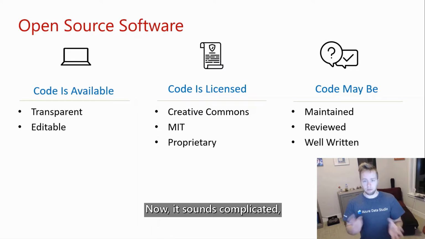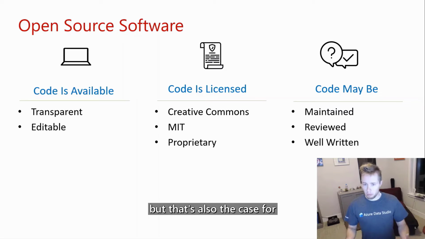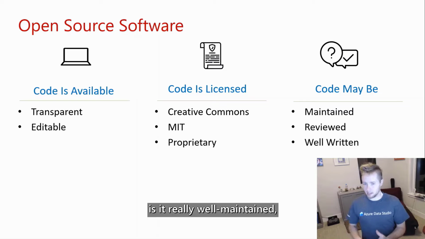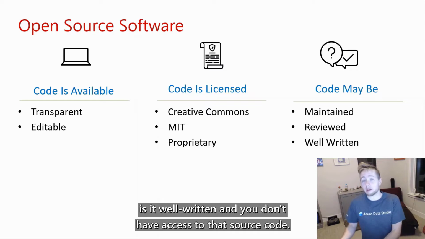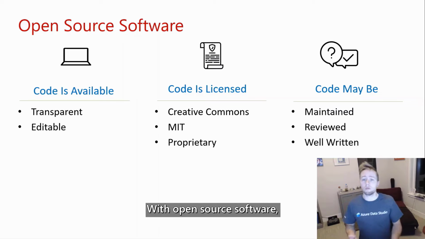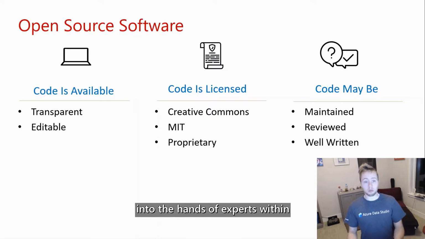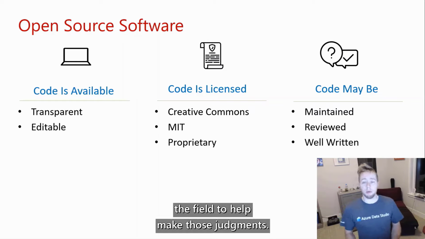Now, this sounds complicated, but that's also the case for proprietary software where you don't necessarily know, is it really well maintained, is it well written, and you don't have access to that source code. So with open source software, you're able to take that question mark into your own hands, into the hands of experts within the field to help make those judgments.